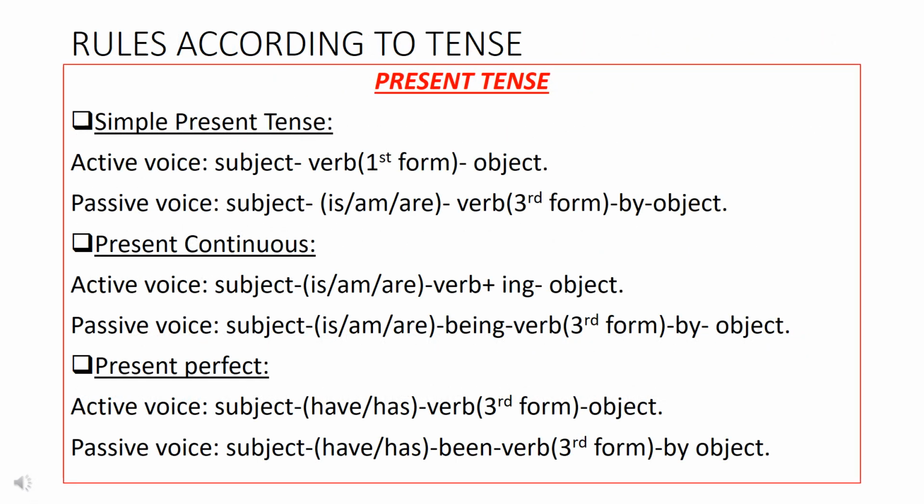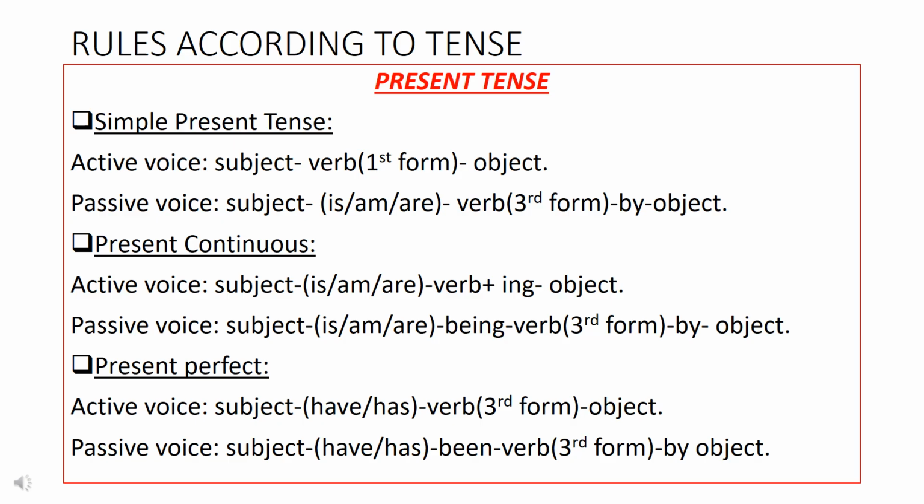Now, coming to the rules according to the tense. There are certain rules according to the tense that we use in voice change. As you can see, in present tense there are three kinds of rules: simple present tense, present continuous and present perfect.